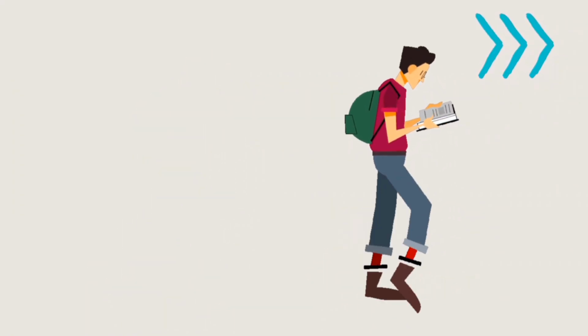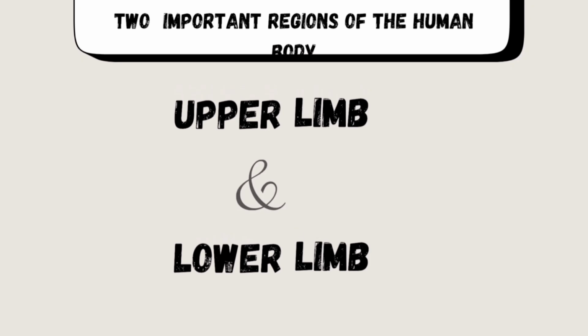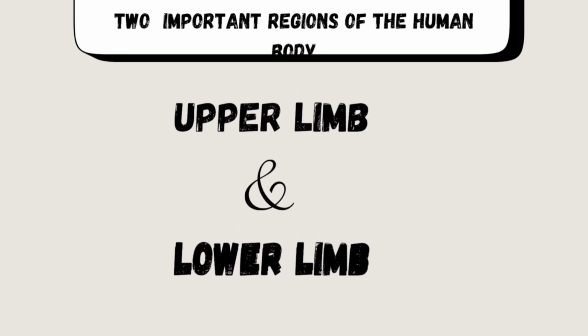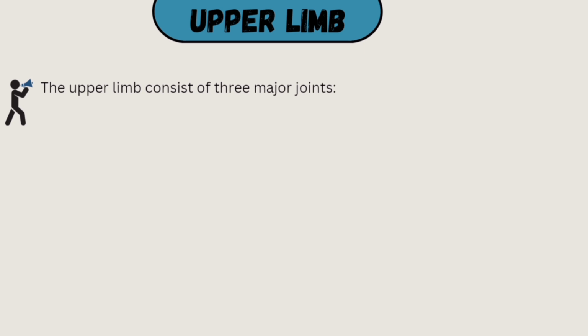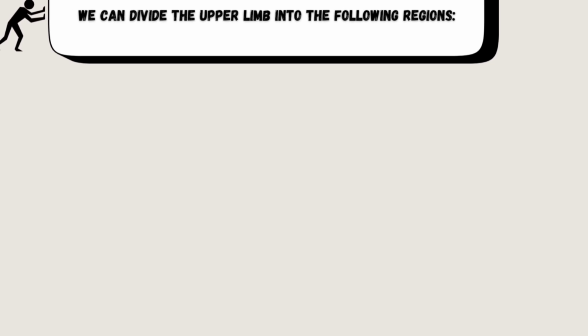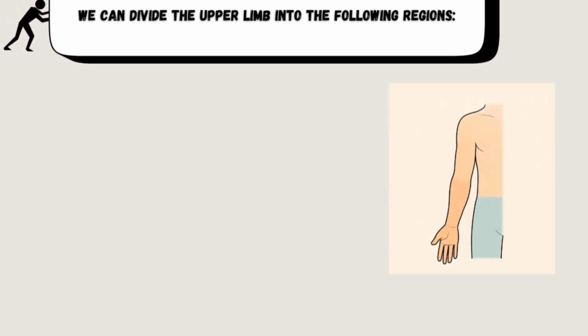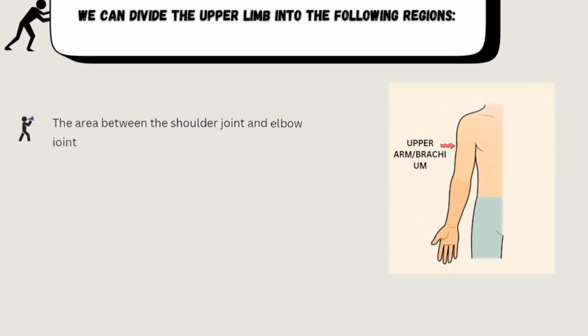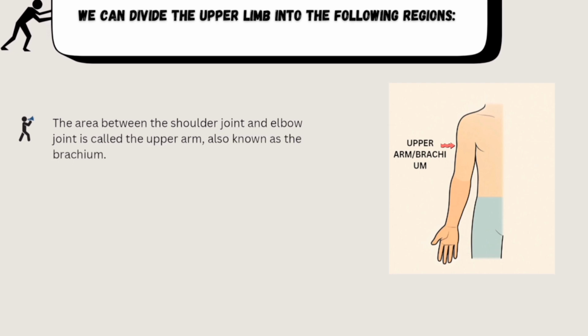Now let's move on to two important regions of the human body, the upper limb and the lower limb. The upper limb consists of three major joints: the shoulder joint, elbow joint, and wrist joint. We can divide the upper limb into the following regions. The area between the shoulder joint and the elbow joint is called the upper arm, also known as brachium.